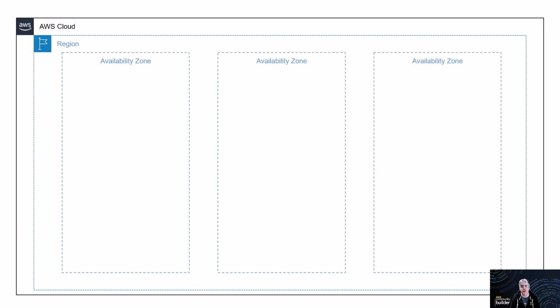Each AZ is comprised of 1 or more data centers. However, the number of data centers for a particular AZ is completely hidden from you. You can't address an individual data center. So you would want to think of availability zones and data centers as being almost synonymous. Just understand that they're not.